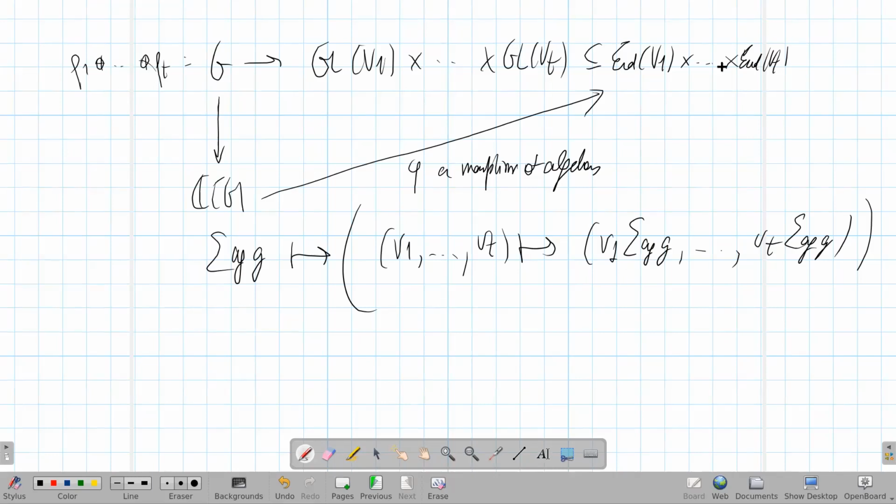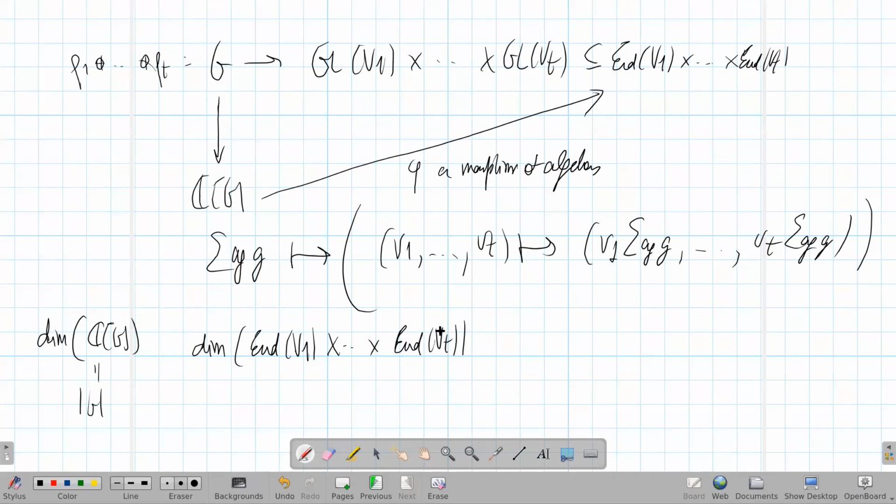Now, so we have this morphism of algebras, and we know that the two algebras have the same dimension. Why? Because we know that the dimension of CG, this is always meant of course as the dimension over C, is the order of G, and we know that the dimension of that direct product or direct sum, okay, this dimension is the sum of all the dimensions, because what we have here are really block matrices.